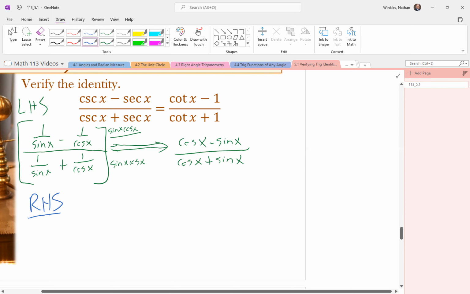So cotangent of x is 1 over tangent. Tangent is sine over cosine. So this is going to be cosine x over sine x minus 1 over cosine x over sine x plus 1. So again here, I'm going to multiply everything by a sine x.